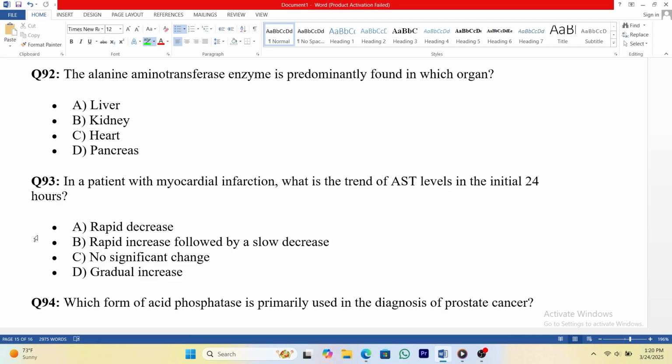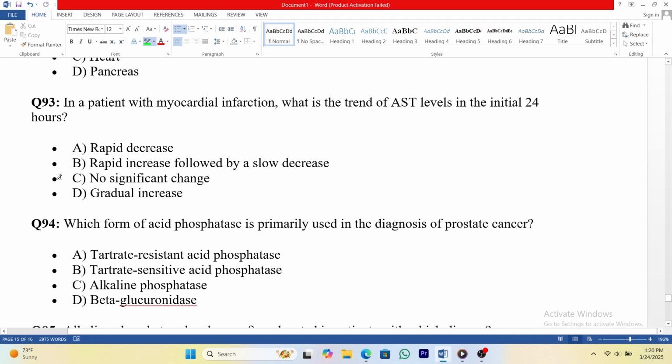C. Heart. D. Pancreas. Answer: A. 93. In a patient with myocardial infarction, what is the trend of AST levels in the initial 24 hours? A. Rapid decrease. B. Rapid increase followed by a slow decrease. C. No significant change. D. Gradual increase. Answer: B.